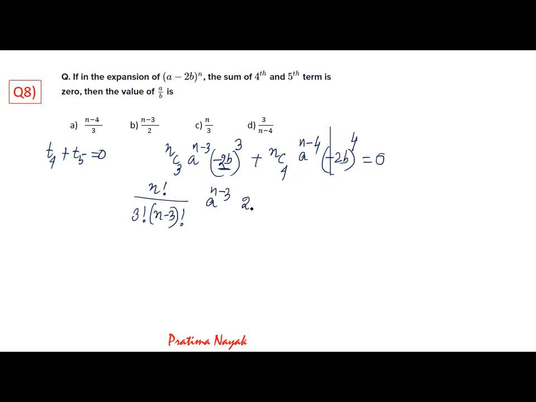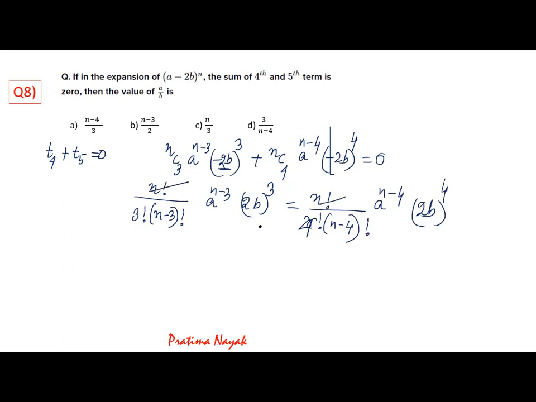So this will be 2b to the power 3 is equal to n factorial by 4 factorial into n minus 4 factorial into a to the power n minus 4 into 2b to the power 4. Now n factorial cancelled. n minus 3 is greater, so n minus 3 here. 3 factorial is less, so it will be 4 here.